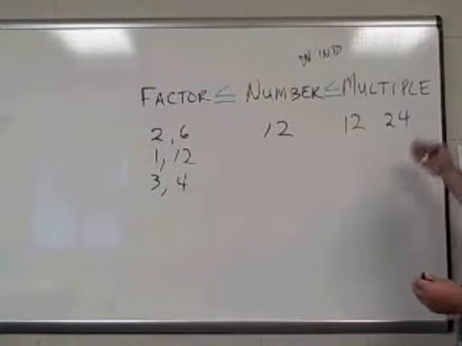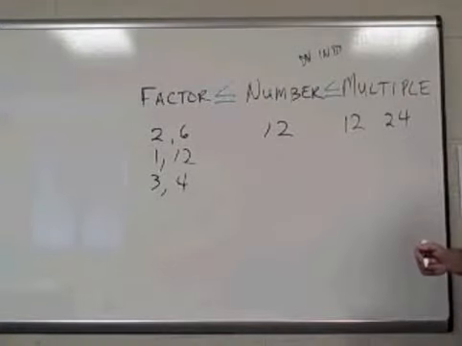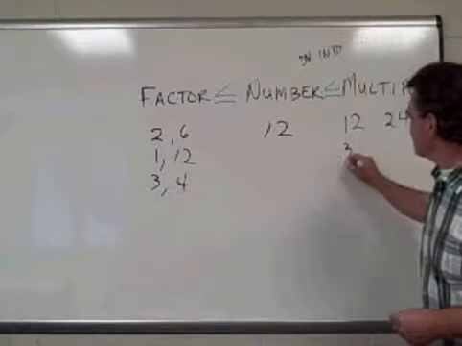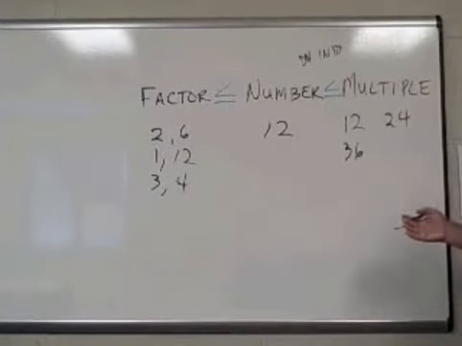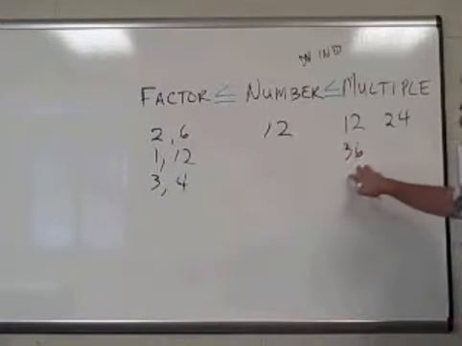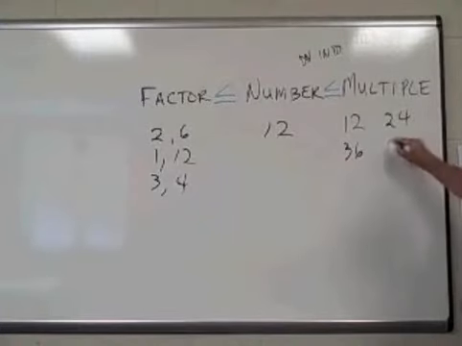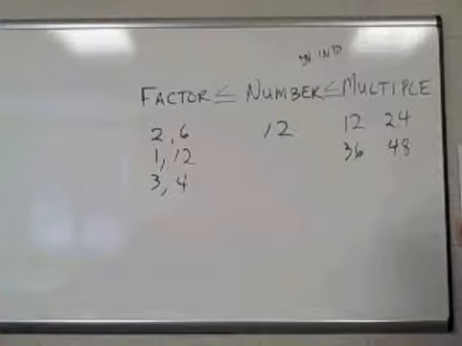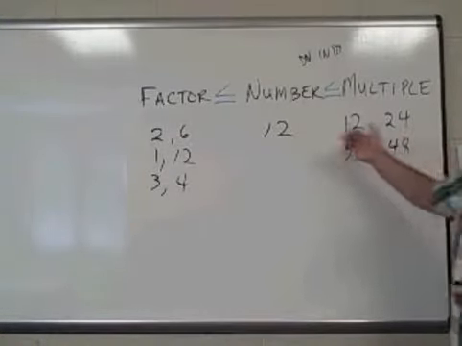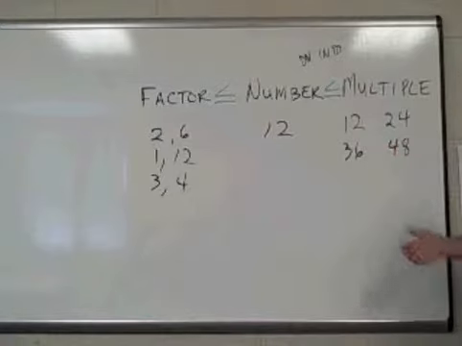Or another way to say it, 2 times 12 makes 24. 36 would be a multiple of 12. 12 divides into 36 3 times. 3 times 12 is 36. 48 would be another multiple of 12. 4 times 12 makes 48. 12 divides into 48 4 times.